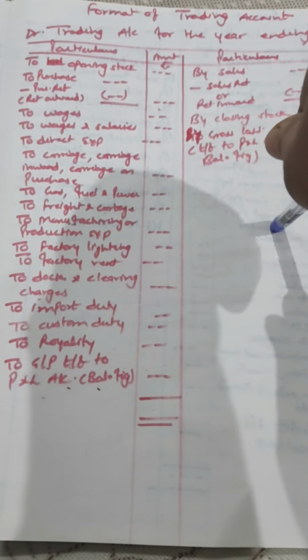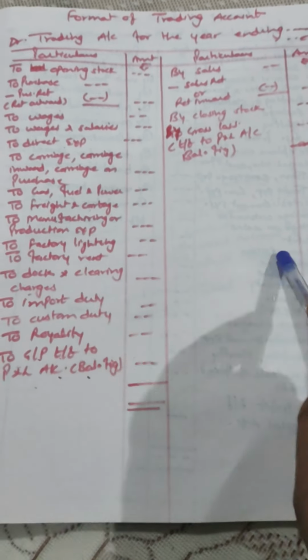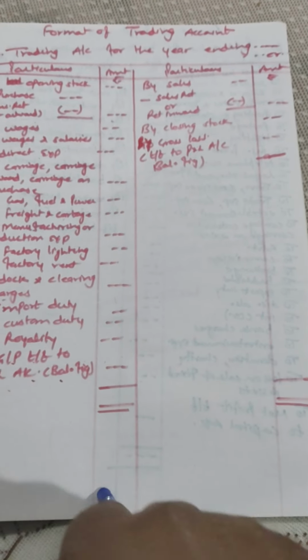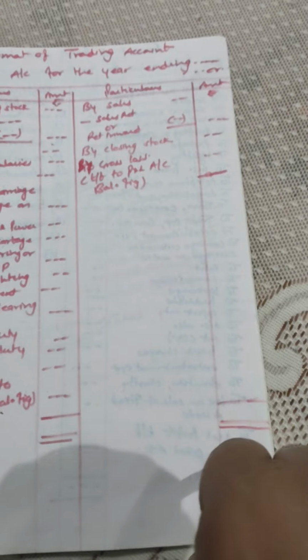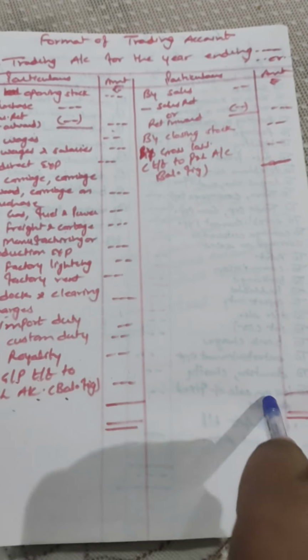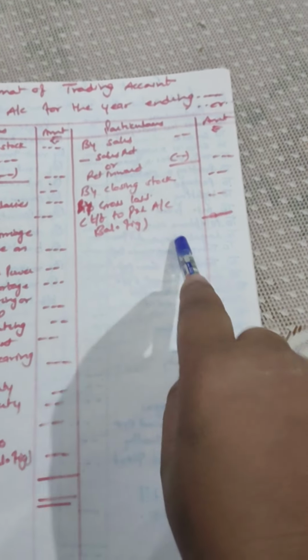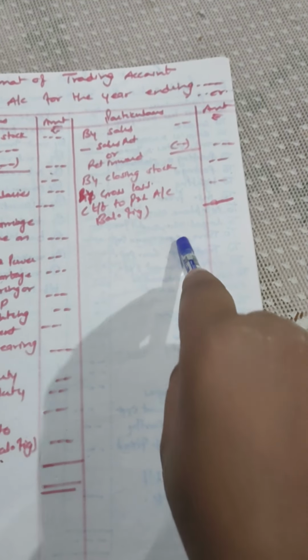Now beta, after writing all such items in trading account, we make the total of both the sides, debit side and credit side. If debit side is larger than credit side, then the difference is written in credit side as by gross loss transferred to profit and loss account.